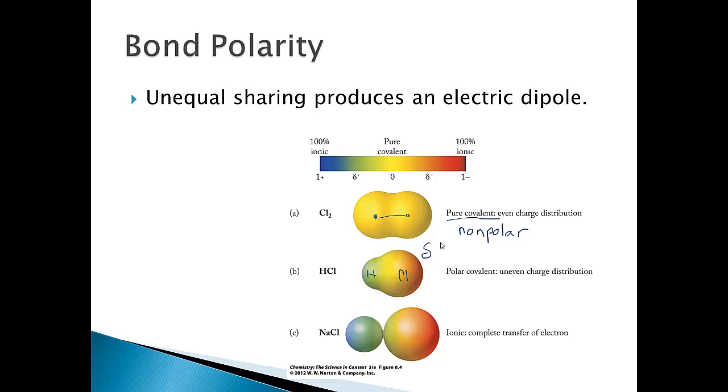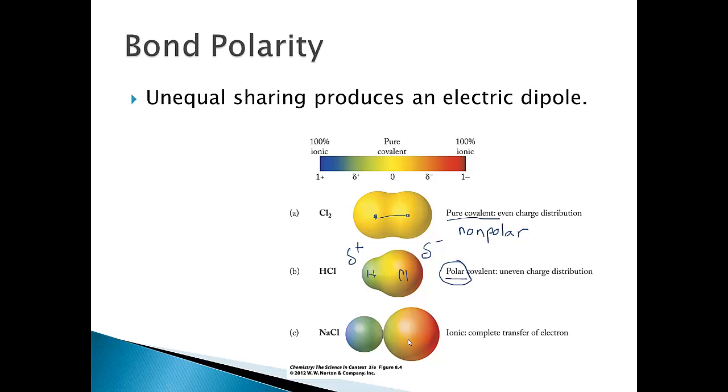We end up with a partial negative charge on this side and a partial positive charge on this side. So that creates a bond dipole, and we would call this a polar covalent bond. This word polar means it's related to dipoles. That means that this molecule has two ends, and this bond has two ends: a negative end and a positive end. So this would be a polar covalent bond, and that's when we have that unequal sharing of electrons.